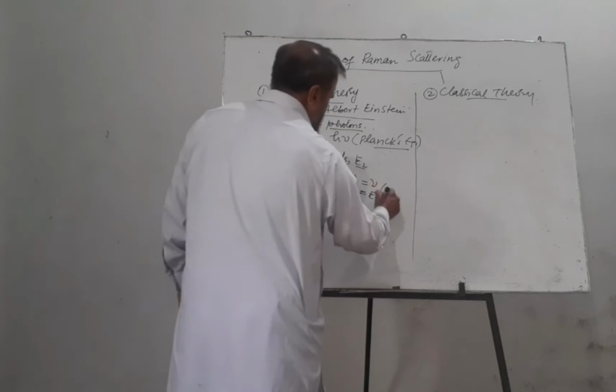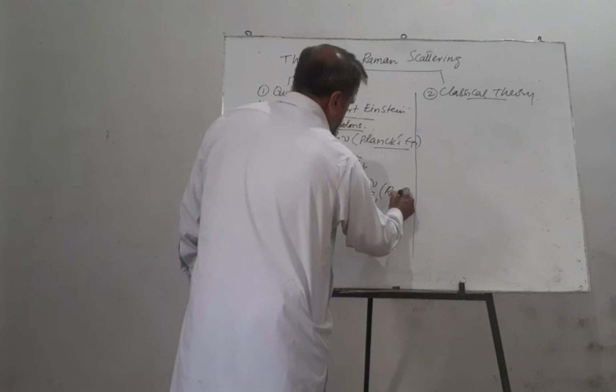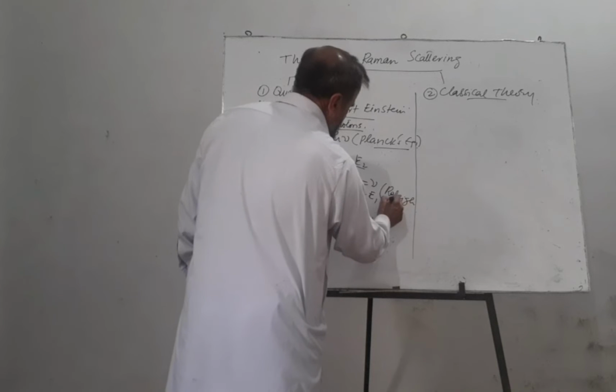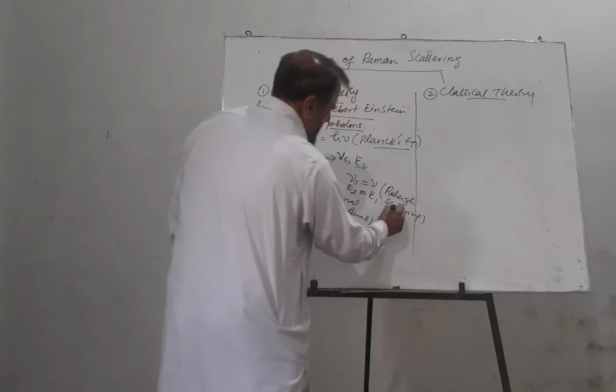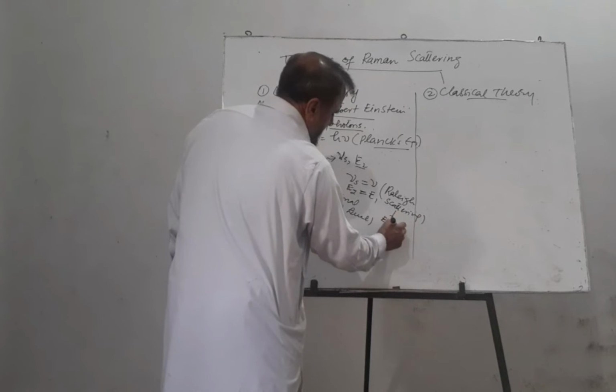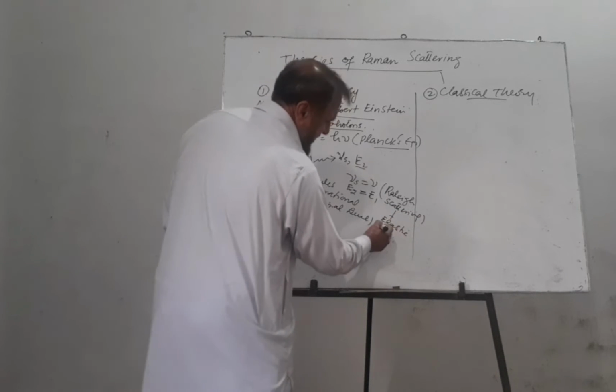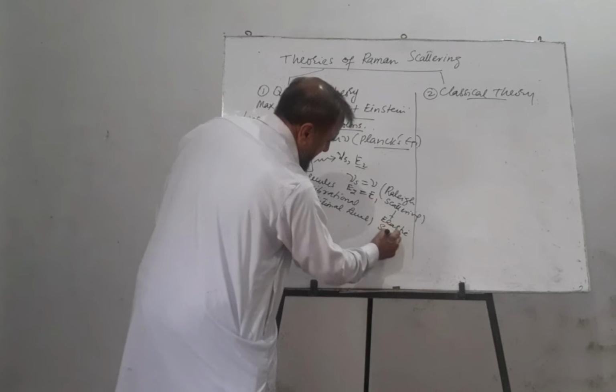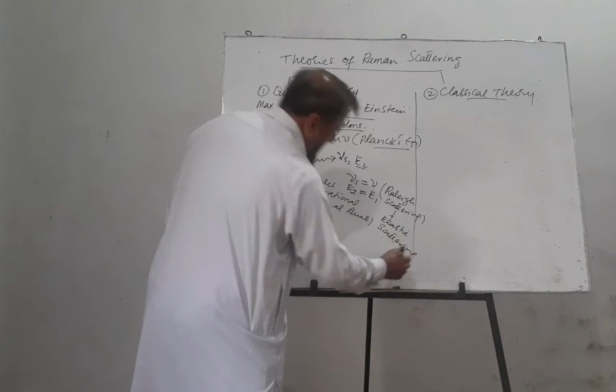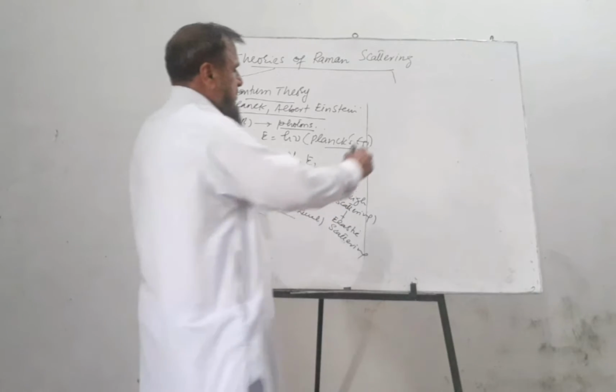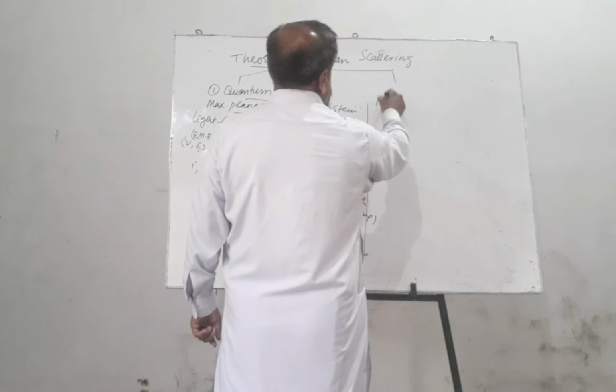This type of scattering is known as Rayleigh scattering. It is the first case, and it is called elastic scattering.